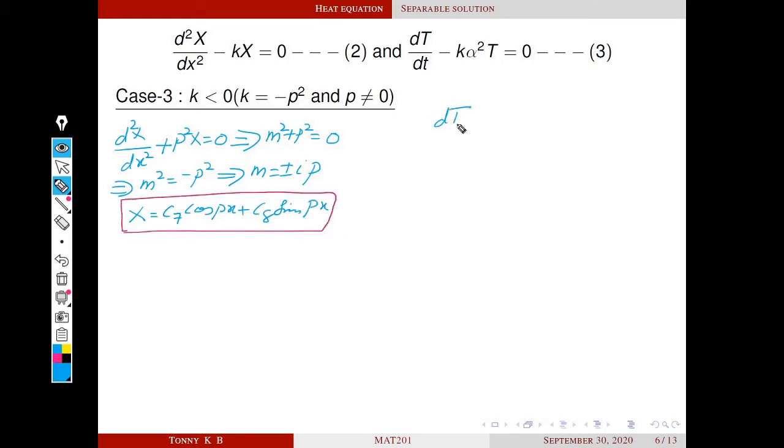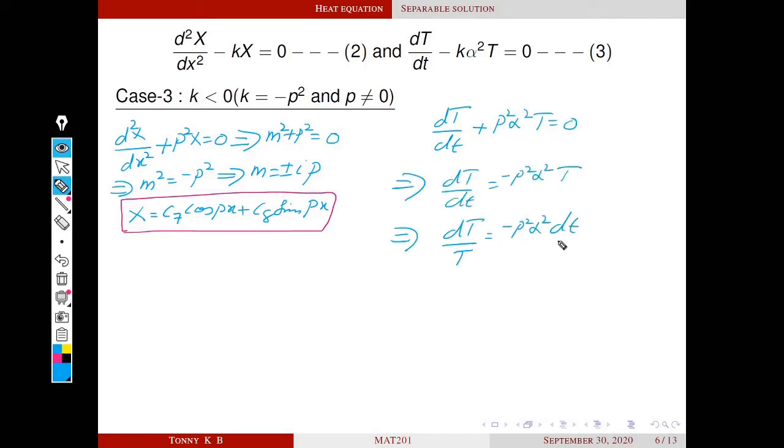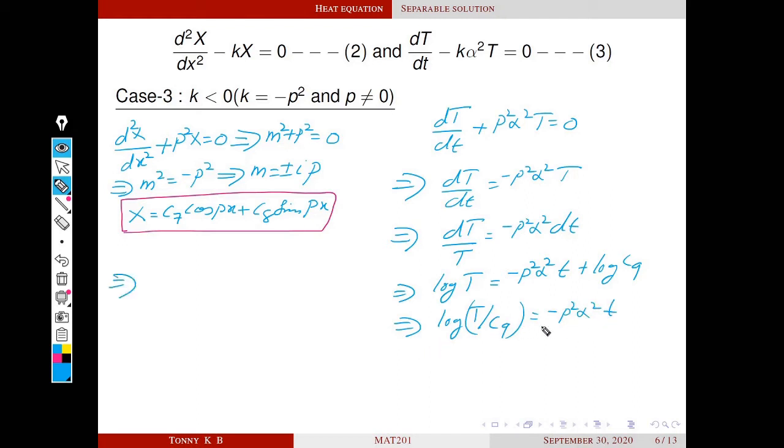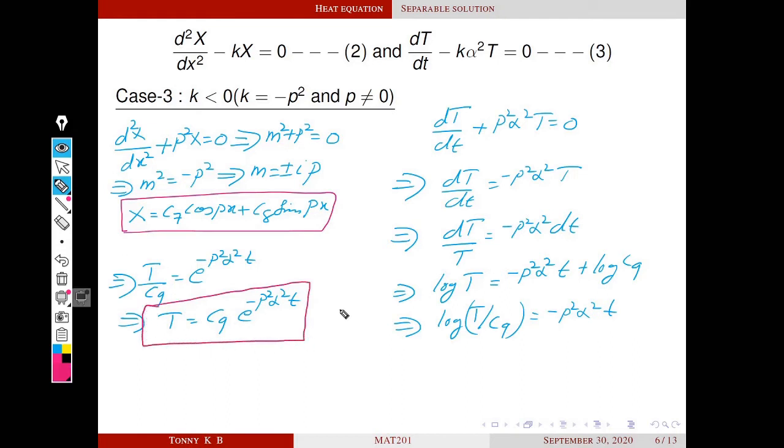Equation 3 becomes dT by dt plus p square alpha square T equal to 0. Now it is in variable separable form. Integrating on both sides and taking exponent on both sides, we get our solution T as c9 e to the power minus p square alpha square t.